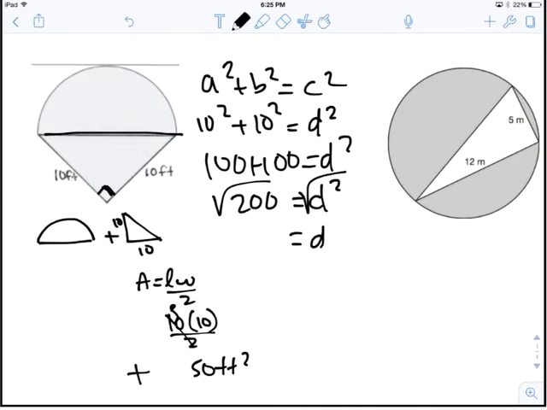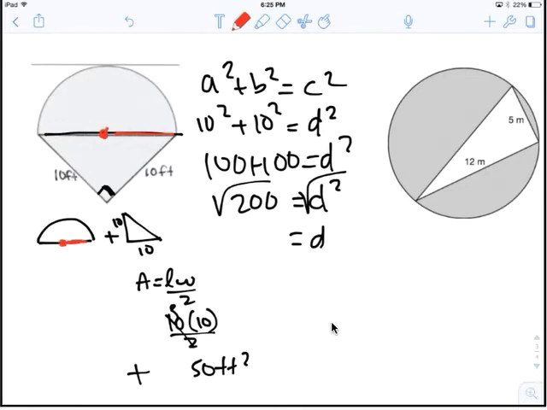Oh gosh, I don't have a calculator. Well, you guys know the drill. 200 is close to 225, which is 15, so it's 14 something.